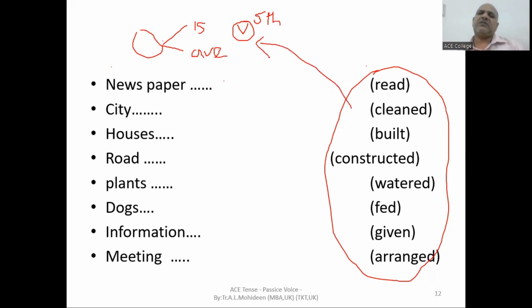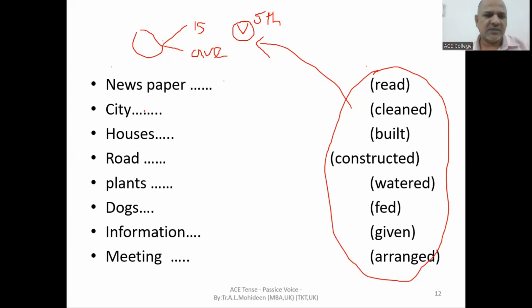Okay, newspaper, how does it come? Newspaper is read. Read is the first form, read is the fifth form, but the same spelling. Newspaper is read.